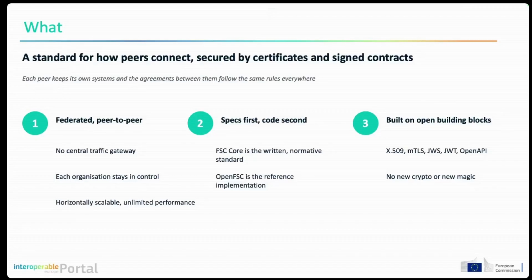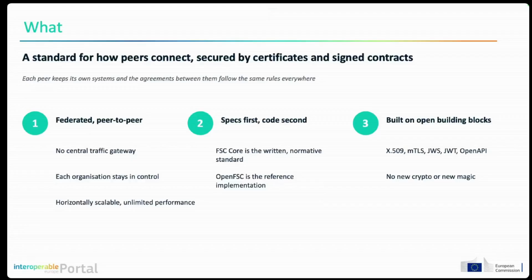We called it NLX. But in, I think, 2022, we switched to a standard, which is FSC, Federated Service Connectivity. Everyone can make their own implementation or use their own existing gateway. And then we have an open FSC, which is a reference implementation, open source, usable by everyone.